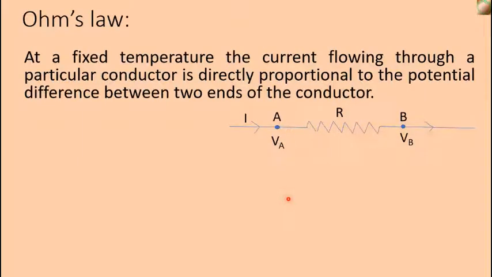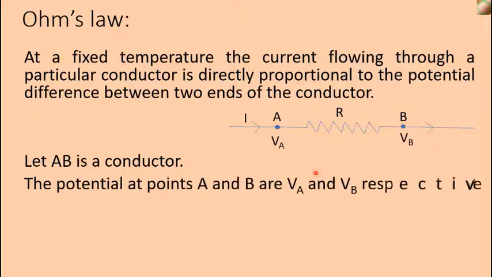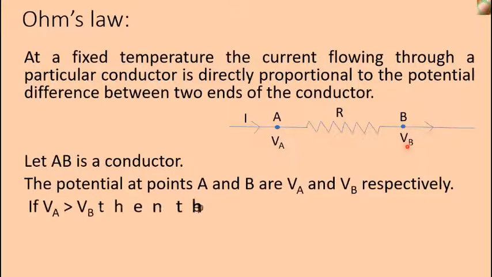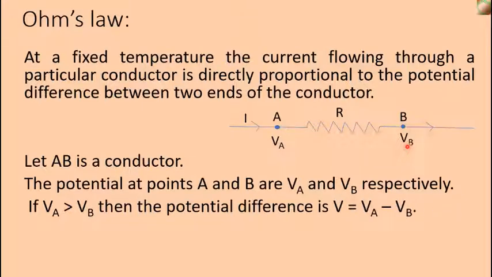Here a conductor is given, AB is a conductor. The potentials at points A and B are VA and VB. If VA is greater than VB, that is, the potential at point A is greater than the potential at point B, therefore we can write potential difference V is equal to VA minus VB.